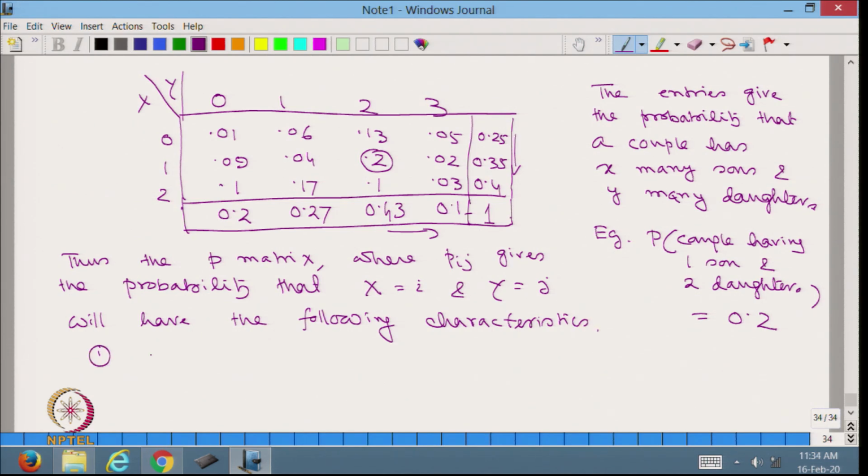One, Pij is greater than or equal to 0 for all i, j, and two, sigma over i and sigma over j of Pij is equal to 1.